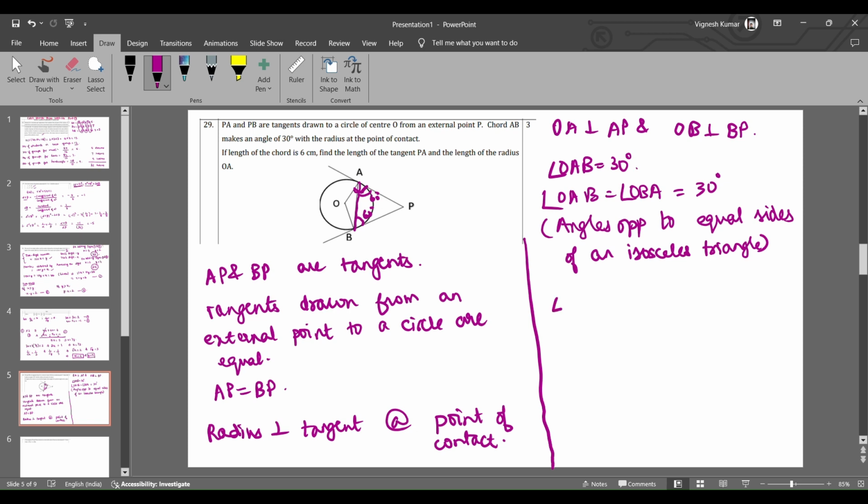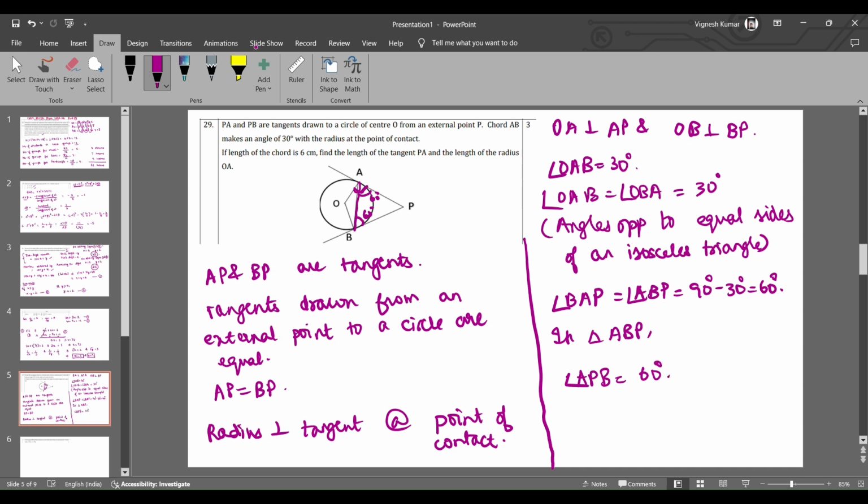So angle BAP is equal to angle ABP, which is equal to 90 degree minus 30 degree, which comes out to be 60 degree. So since two angles in triangle ABP are known, using the sum of angles in a triangle property, if we find angle APB, APB also turns out to be 60 degree.